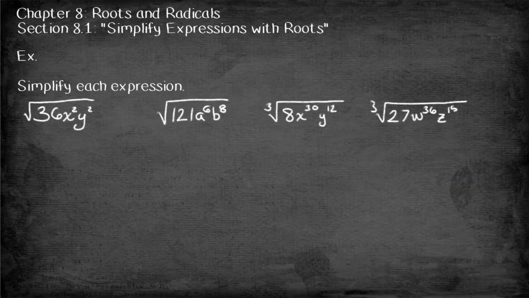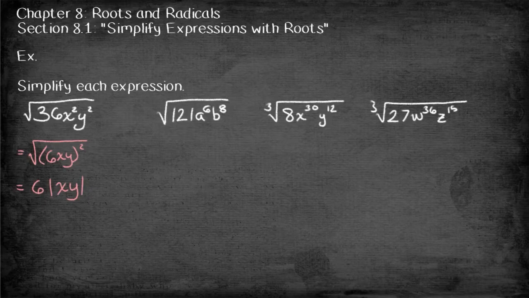Here we have the square root of 36x squared y squared. We want to be imagining this as 6xy squared. And so the xy part is going to have to stay in absolute values because we have an even index root. All right, and let's see here.